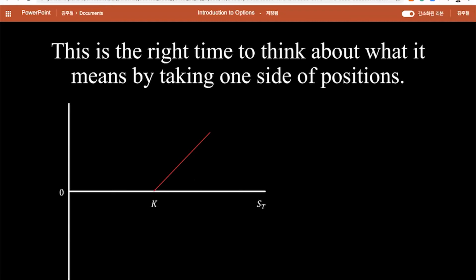But also when you are in a long position of a forward contract, you not only have the right, you also have the obligation. And that obligation is this part. So you see, this is just the negative part of a long position of a forward contract.